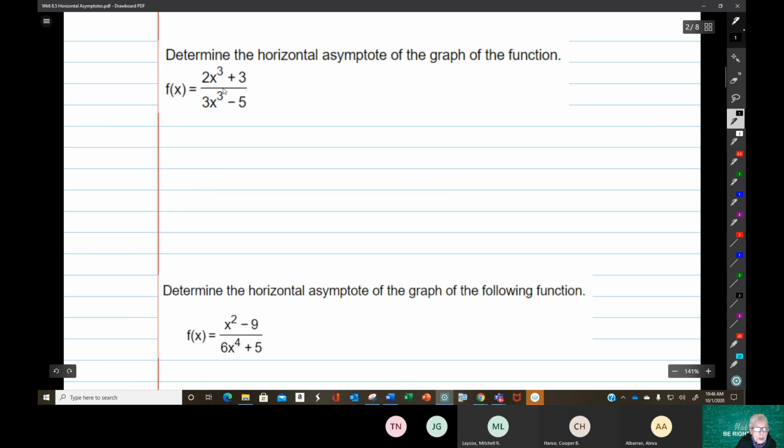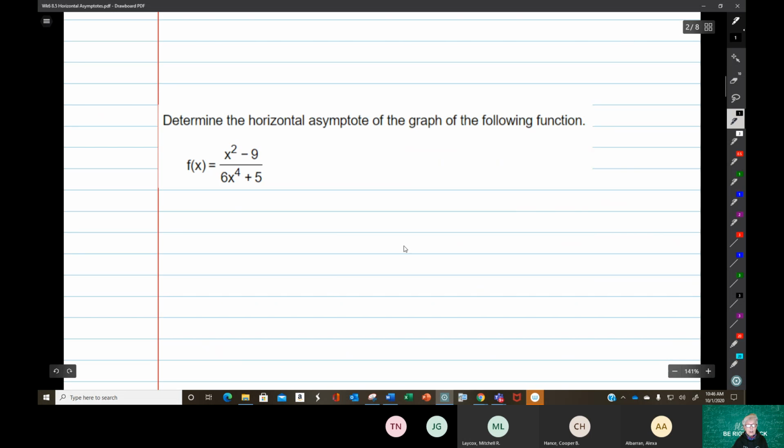Okay, now let's go back to this. Here again, we have the degree of the top equals the degree of the bottom. The equation of the horizontal asymptote is y equals 2/3. And that's the totality of the work that you have to put into this. And down here, the degree of the top is less than the degree of the bottom.